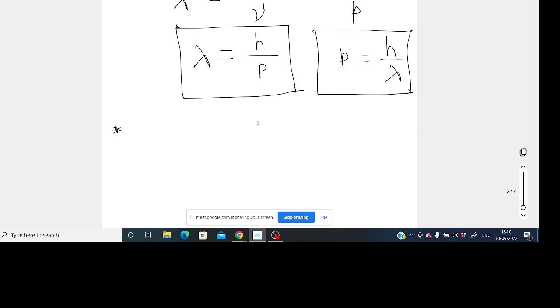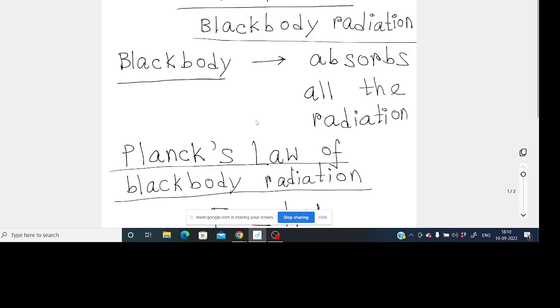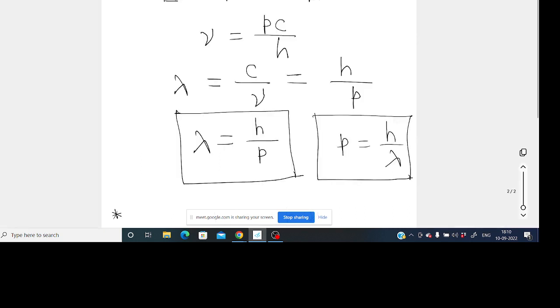Now let's talk about the Planck's distribution. This is not actually Planck's law, this is about blackbody radiation. So now I will talk about Planck's distribution.